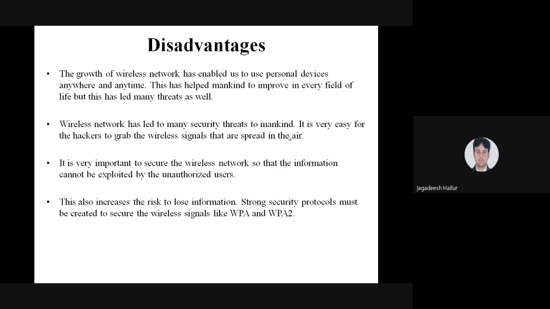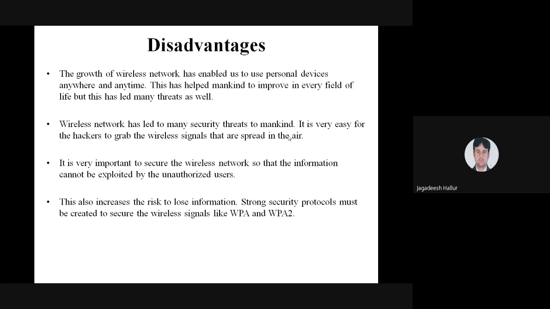Next, it is very important to secure the wireless network so that the information cannot be exploited by an unauthorized user. If you are an authorized user, you are using your own personal mobile. If unauthorized users are used, you lose the information to another person. This also increases the risk of losing information. Once the information is lost, we can't do anything.